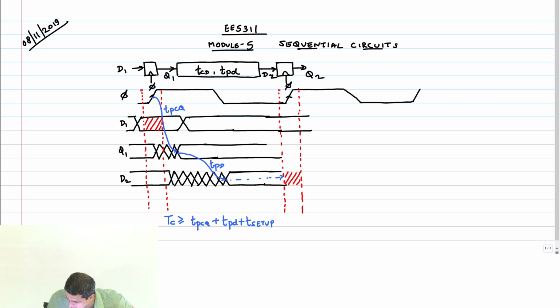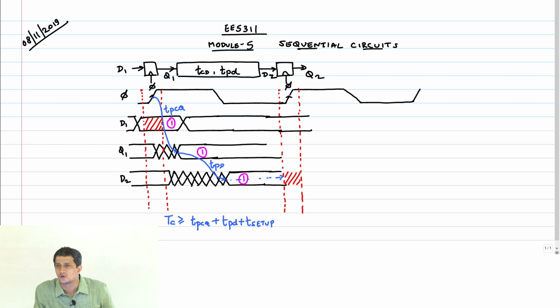Let's assume that D1 is, okay, so I am going to call this event 1 and Q1 is now working on event 1, okay? Now you look at D1 on the next sampling edge, right?